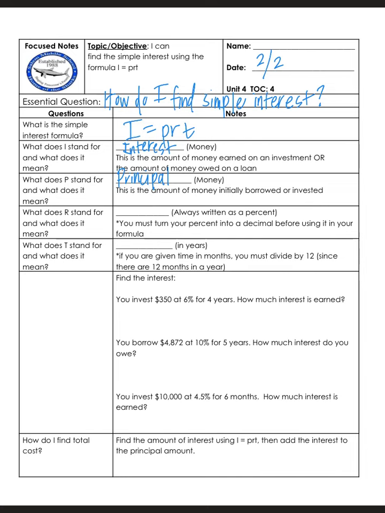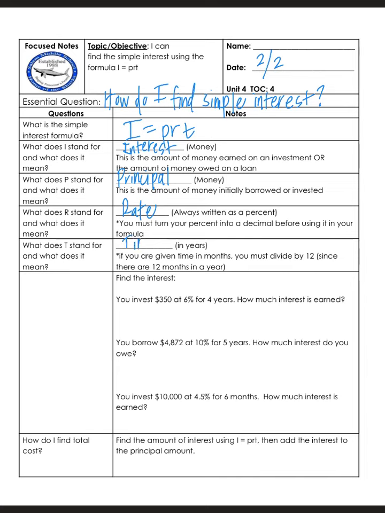The R stands for rate, and it is written as a percent. But when you are plugging it into this formula, you're going to need to change it to a decimal. But the good thing is that we already know how to do that. T stands for time, and this is in years.